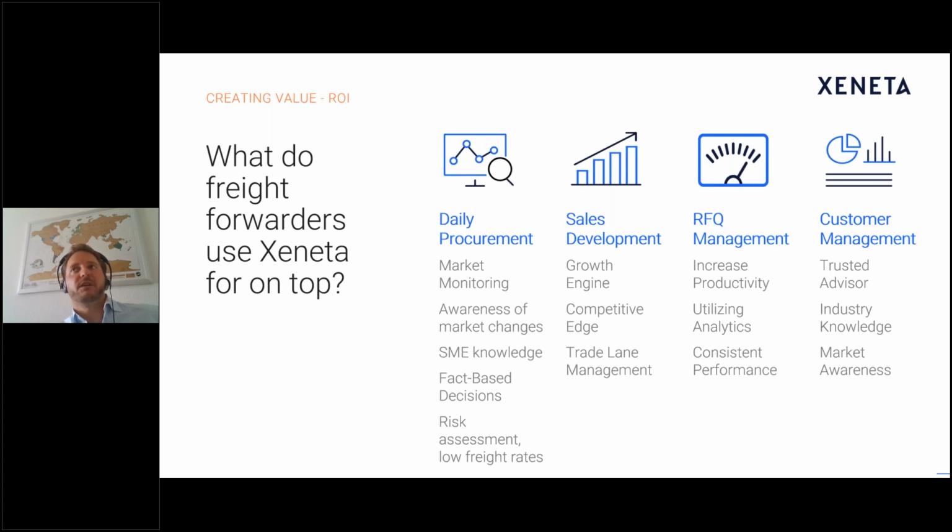So especially in 3PL or 4PL businesses, or also index-based contracts, they use our market information as a reference to prove that their procurement performance is very well in line with the market and that they are doing a good job. So that's overall a bit of an idea of what we are doing with our customers.